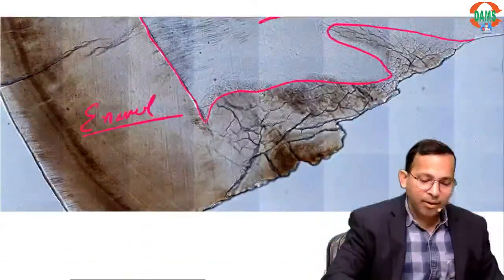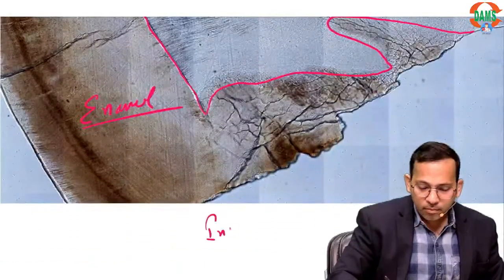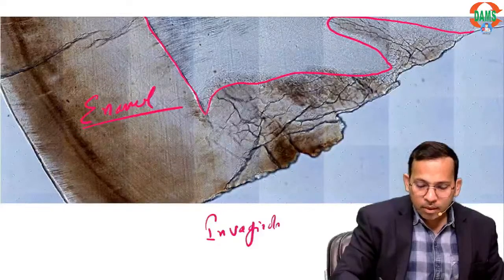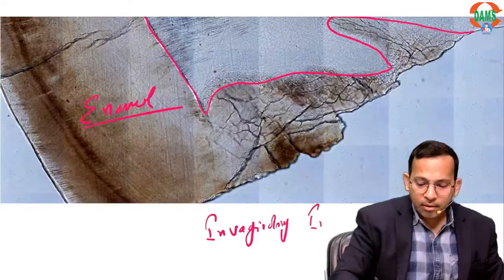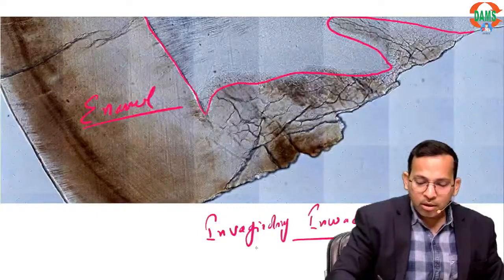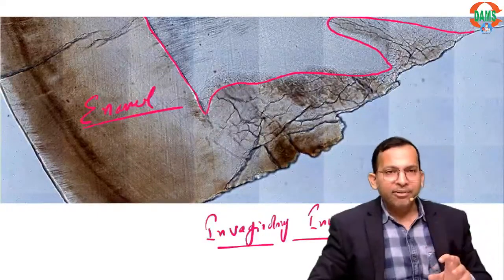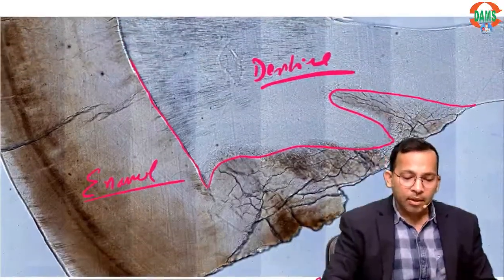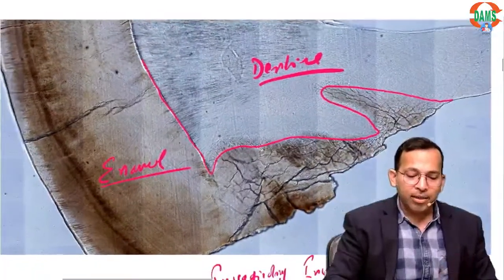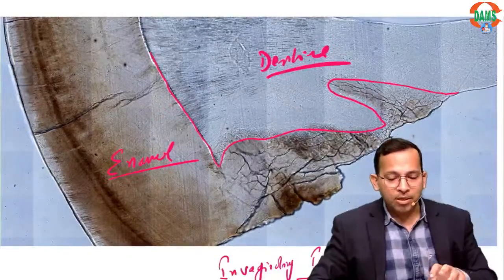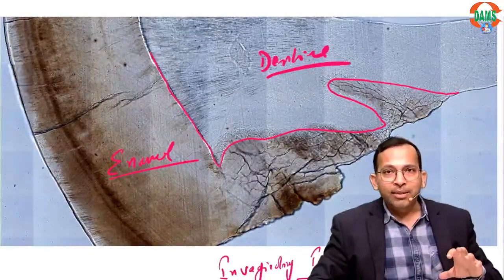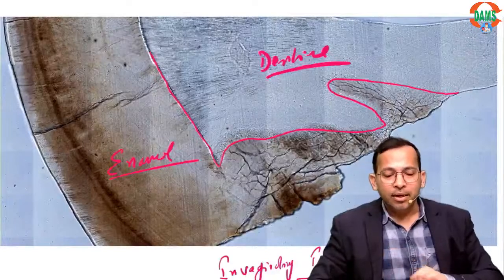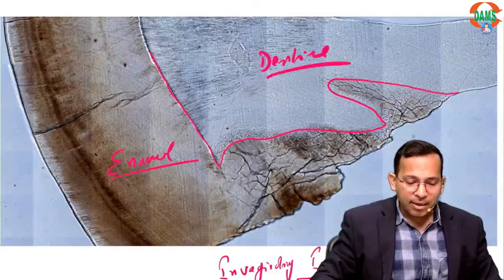It seems to be invaginating inwards towards the dentine. So can you identify the pathological condition that is shown in this histological diagram, in this ground section? The enamel seems to be invaginating inside the dentine, isn't it?